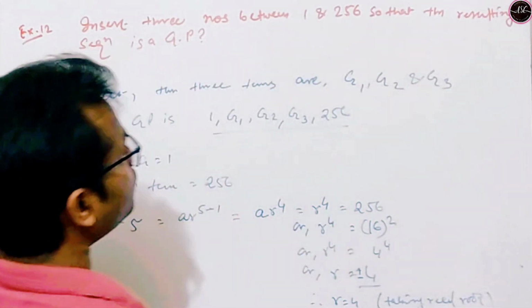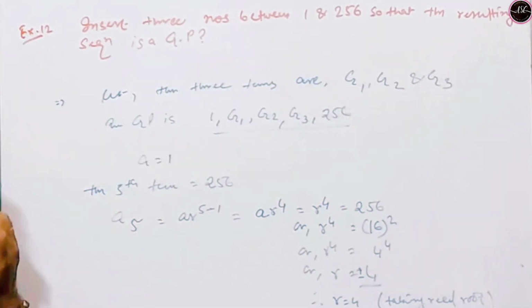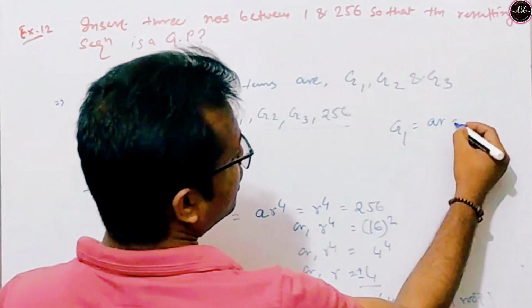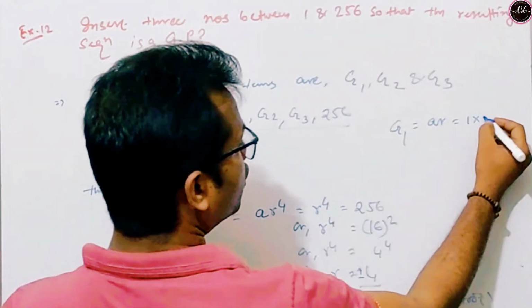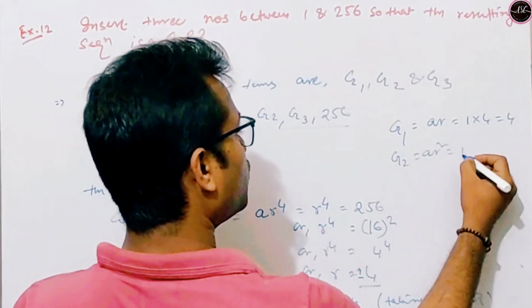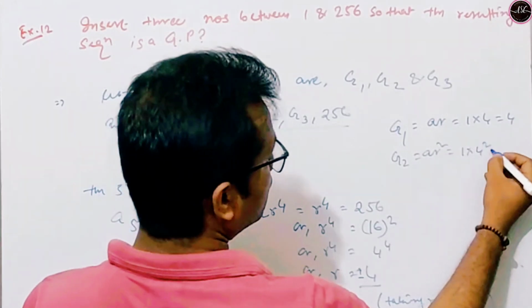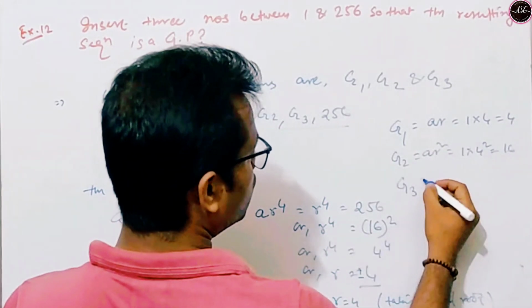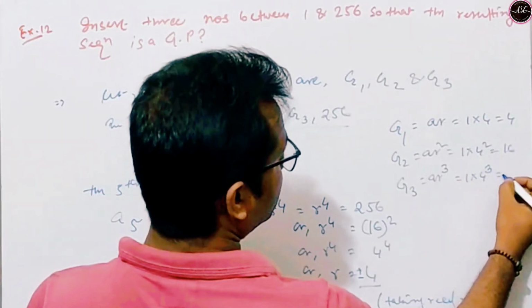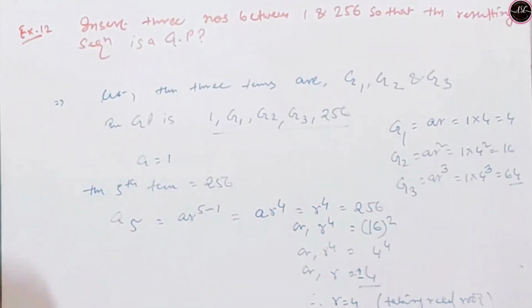Okay, so the terms will be: G1 equal to a r, that means 1 into 4, that means 4. G2 equal to a r square equal to 1 into 4 square equal to 16, and G3 equal to a r cube equal to 1 into 4 cube, that means 64. Okay, that will be your answer.